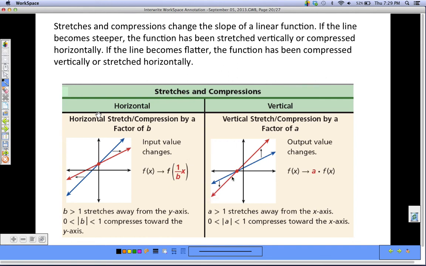Our original equation is the blue one, and we have stretched it vertically, so our red one now is steeper. What that means is we have multiplied it by an a out in front. So that's what happens when our a is greater than 1, we are stretching it. If it's between 0 and 1, then we're going to compress it towards the x-axis.